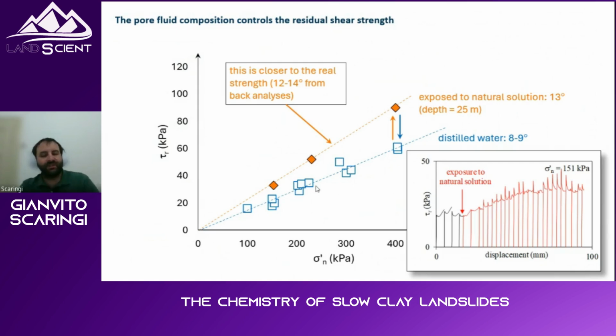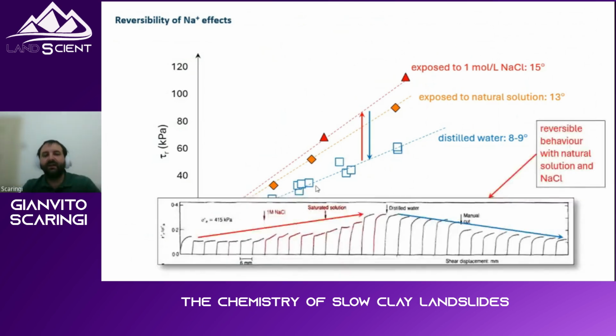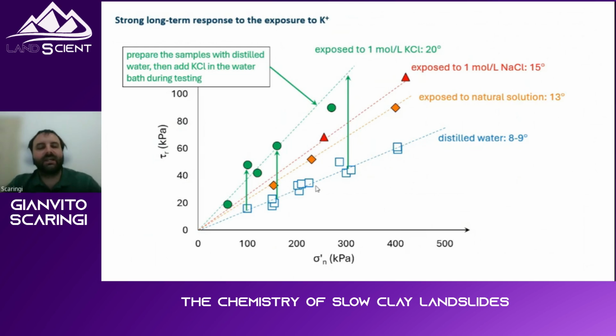Interestingly, if you expose this material to a more concentrated solution, you will get higher strength, and even much higher if you change sodium with potassium, just because some more things happen within the clay. But basically also here, from behavior in natural conditions, 13 degrees of friction, probably original seawater, 15 degrees of friction, distilled water and current surface behavior, 8 to 9 degrees.